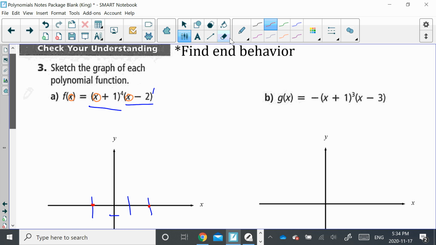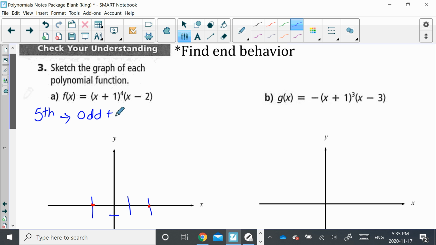So going back up here, if I was to erase this, this is going to be a 5th degree polynomial function. So 5th degree, which means it is odd. And the leading coefficient is positive.